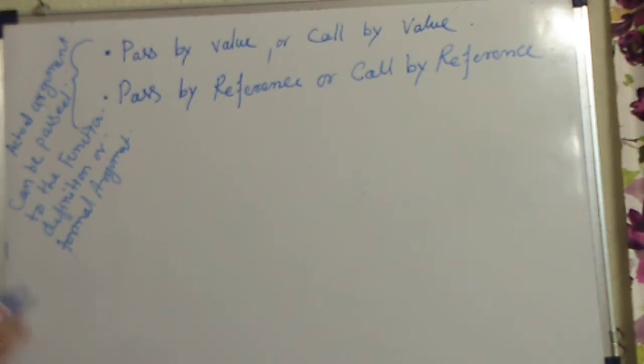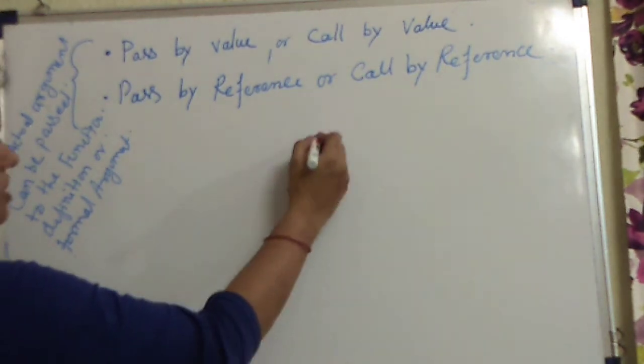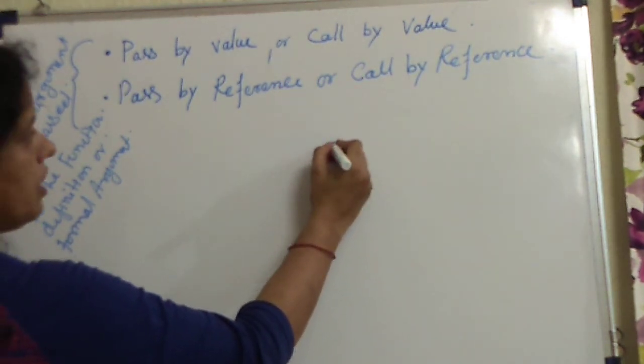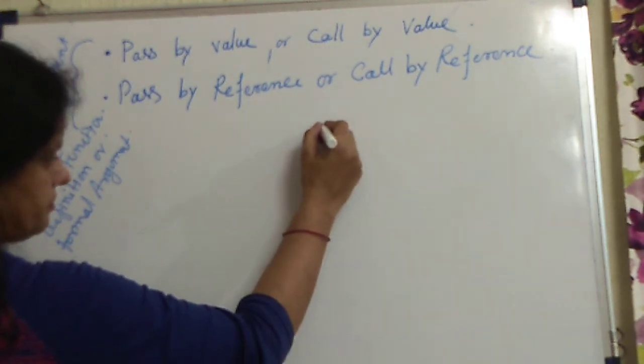As in the previous example I mentioned to you, it depends upon mutable and immutable, which is called pass by value and which is called pass by reference. So let us see what is pass by value or pass by reference.